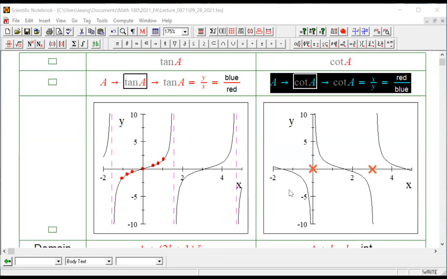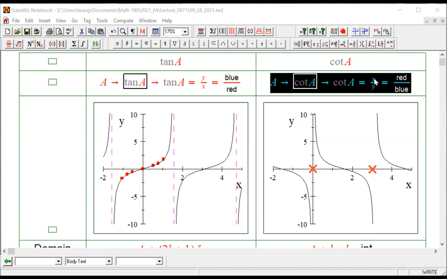It cannot be multiples of pi. Therefore, there will be vertical asymptotes, very similar to tangent. But on each piece of the curve, it is decreasing. It's a decreasing function. You just have to have the patience to work it through.